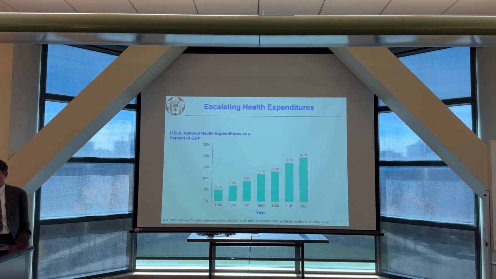Okay, so in the future, right now, the health expenditure worldwide is escalating very fast. This is the data in the United States. You can see that over the years, the national health expenditure as a ratio of the GDP is increasing. The cost is $4.6 trillion US.